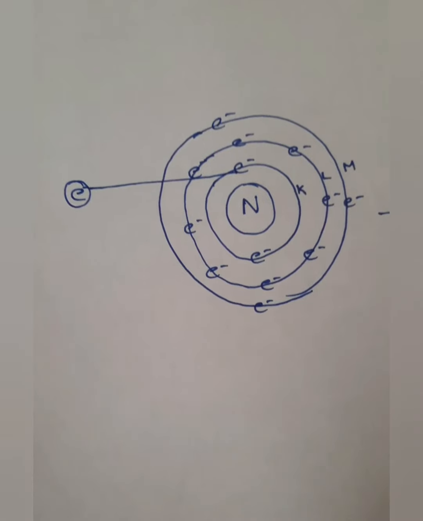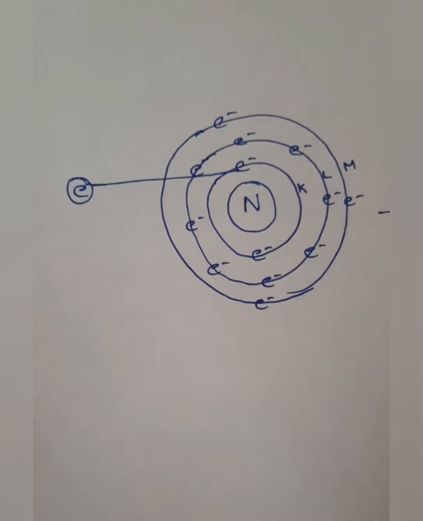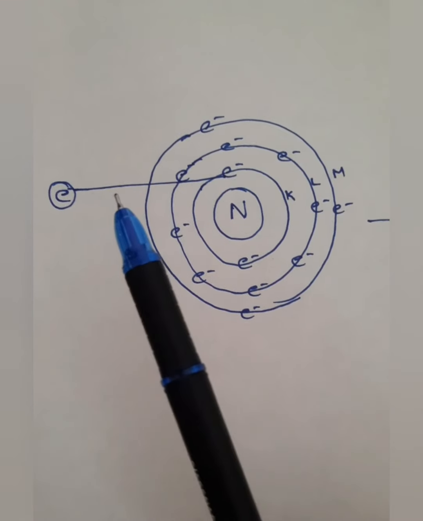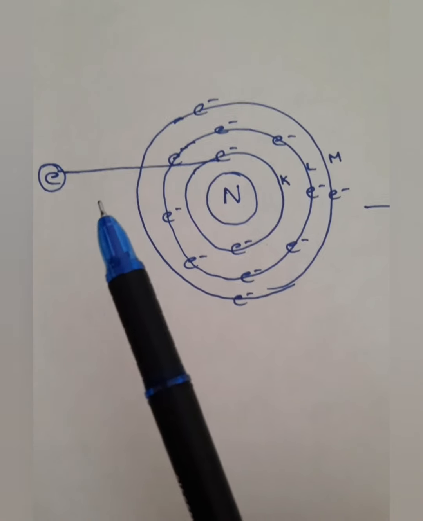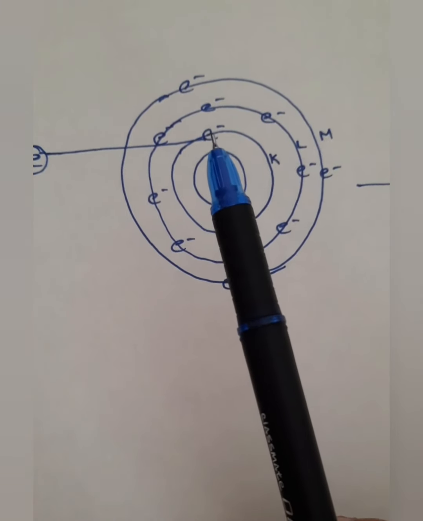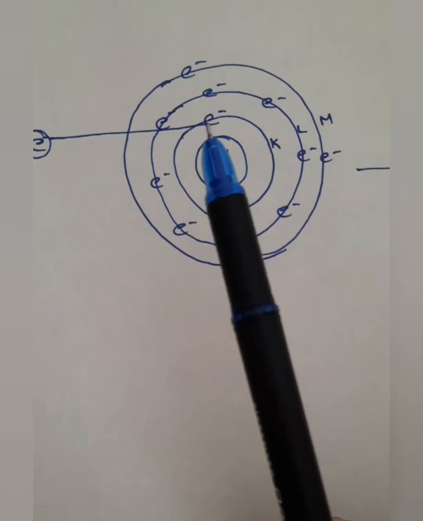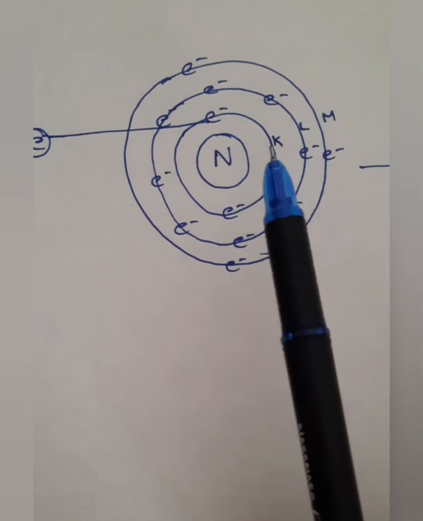Now let's see how X-rays are produced in characteristic radiation. In characteristic radiation, the incoming electron collides with an orbital electron. So the incoming electron interacts with the orbital electron of the K shell.